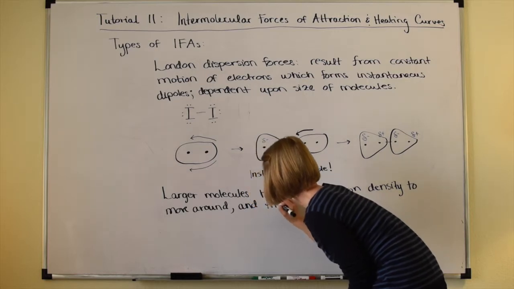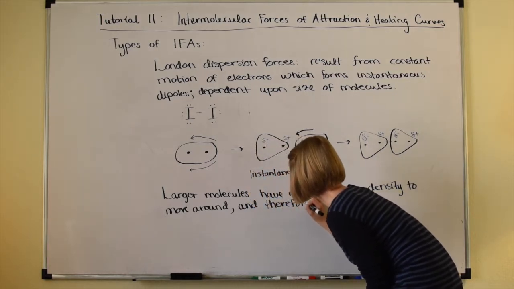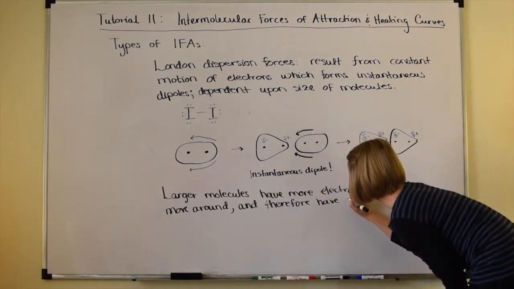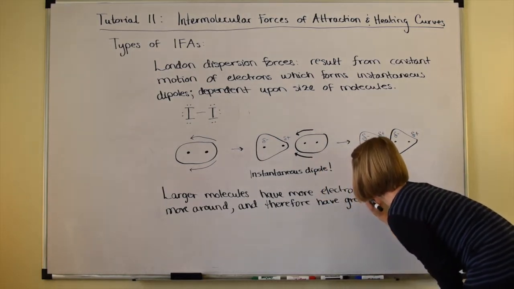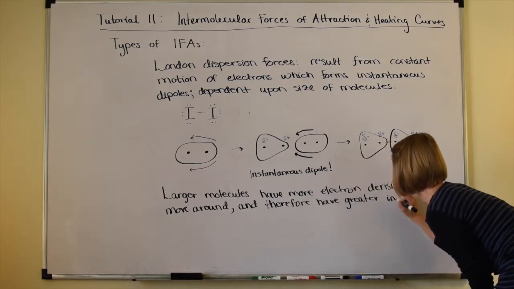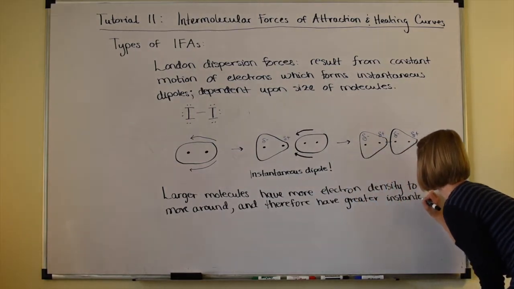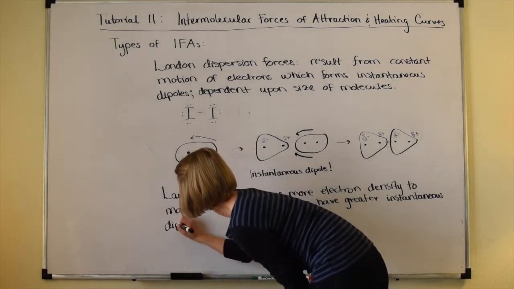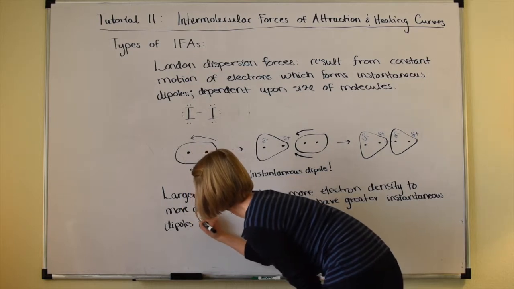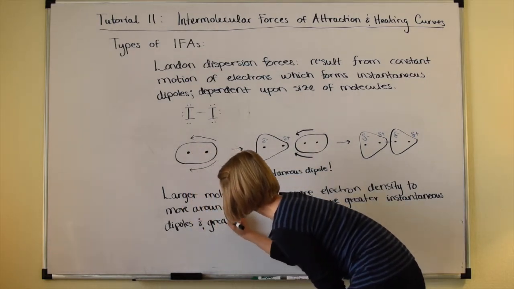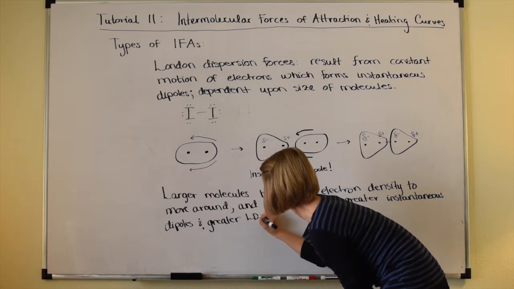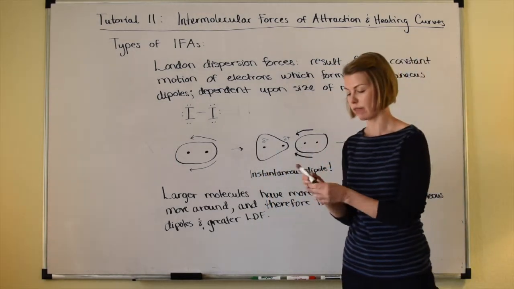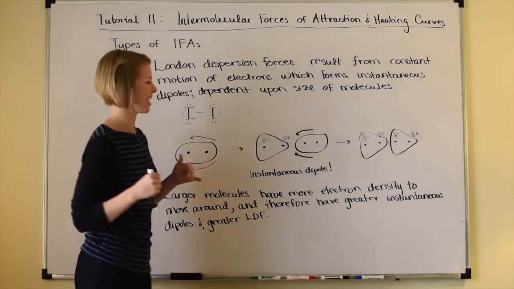And therefore have greater instantaneous dipoles and greater London dispersion forces of attraction. I'm just going to write LDF for London dispersion forces of attraction. It's kind of a long thing to write out.